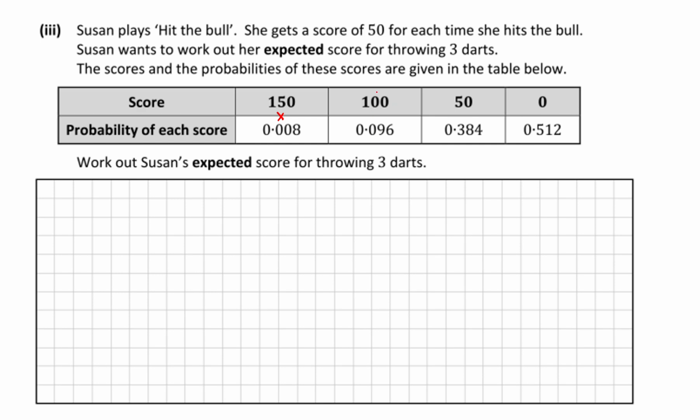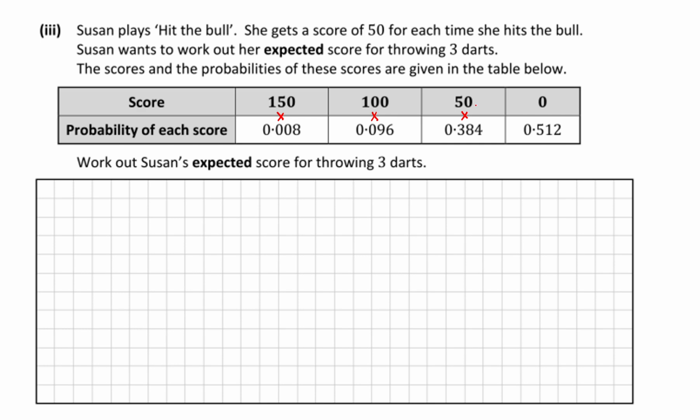So again, chance of scoring 100 out of the 3 darts, so that means you'd have to hit 2 bulls. Again, slim chance there, 0.096. The chance of getting 1 bull from 3 darts. Now we're talking. That's kind of a 3 in 10 chance or a 30% chance, isn't it?